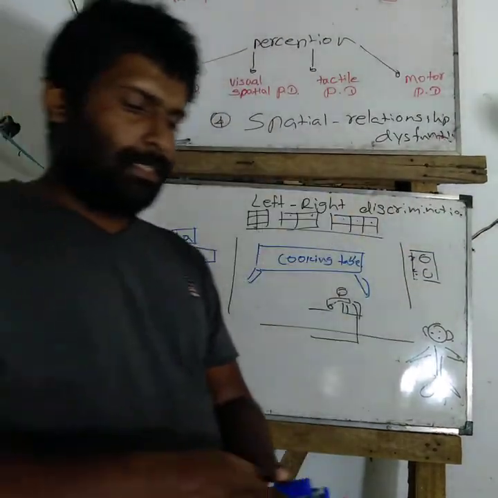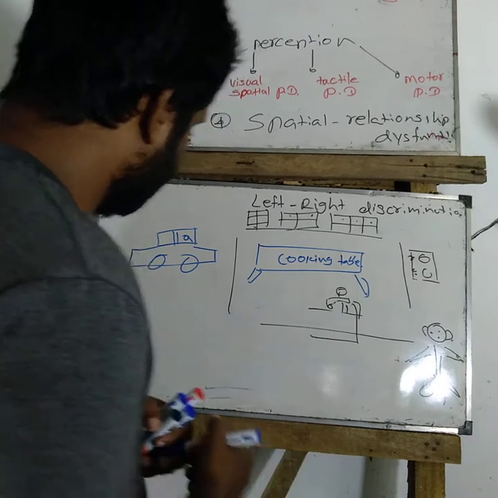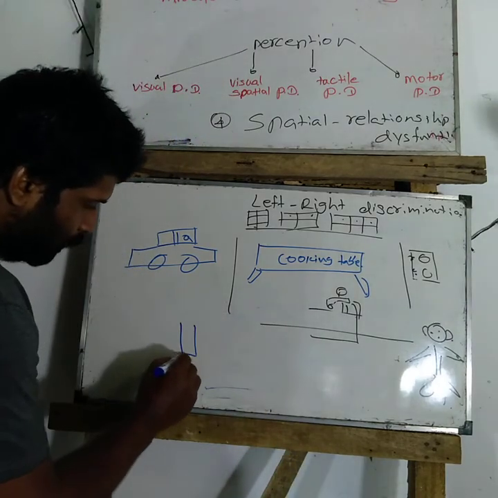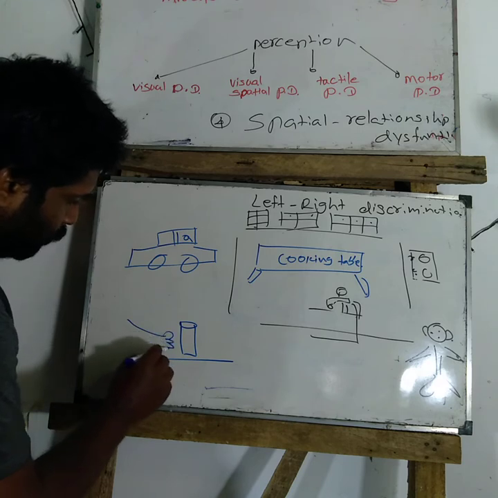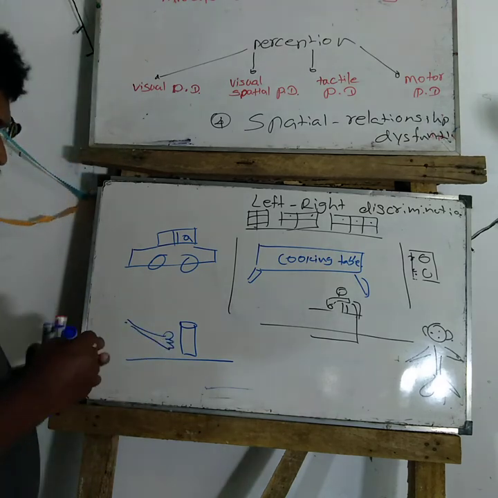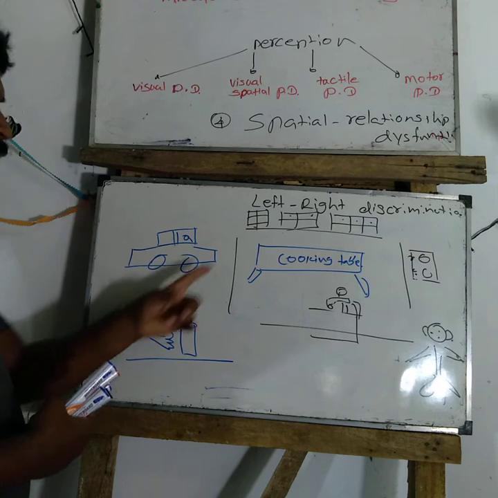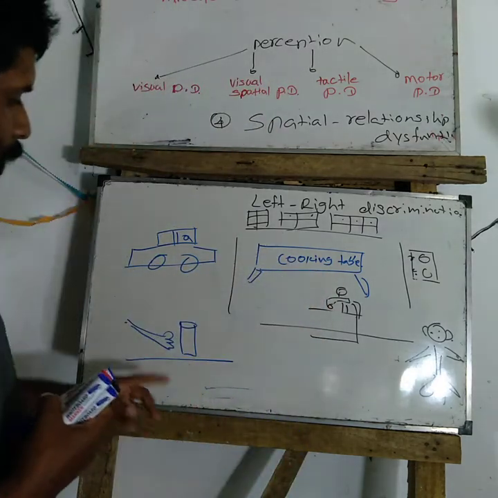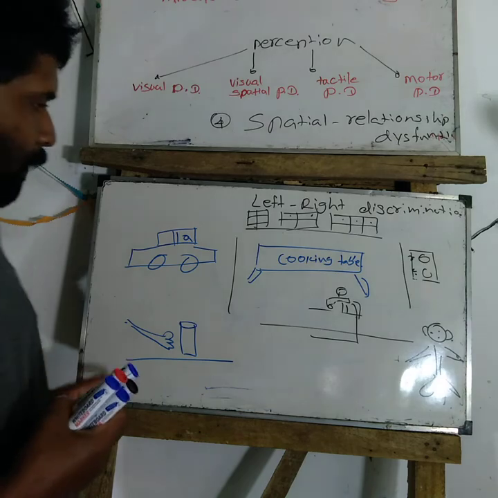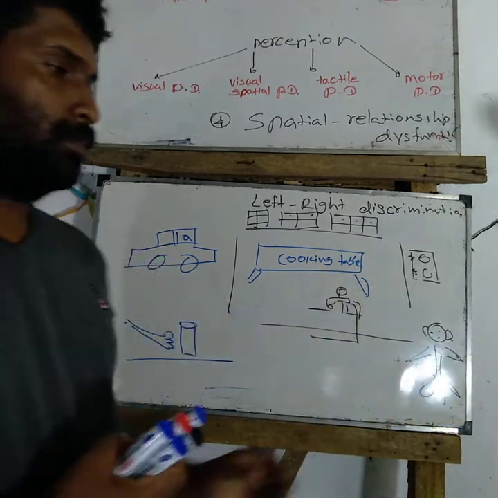When he takes a glass of water, this is the glass of water on the table. Reaching the glass of water, we can assess this, and the cooking activity also.